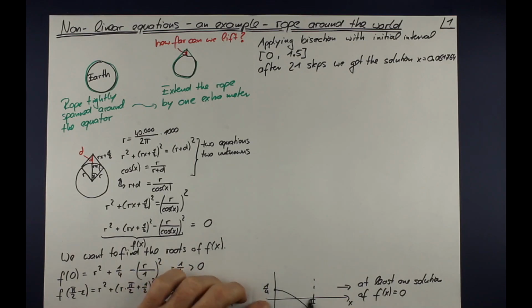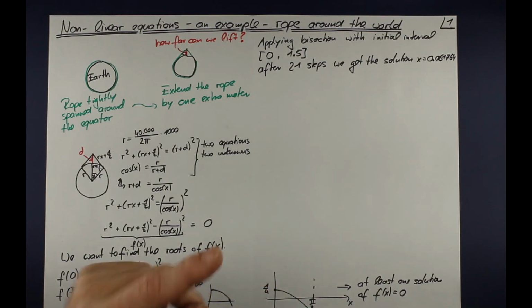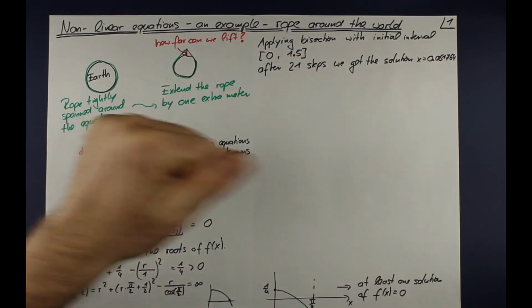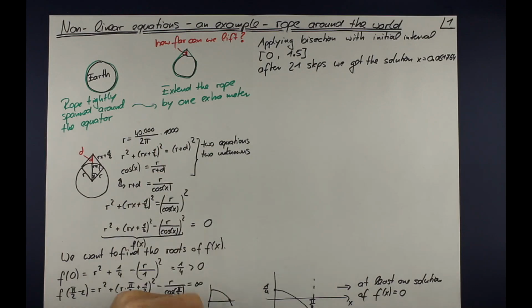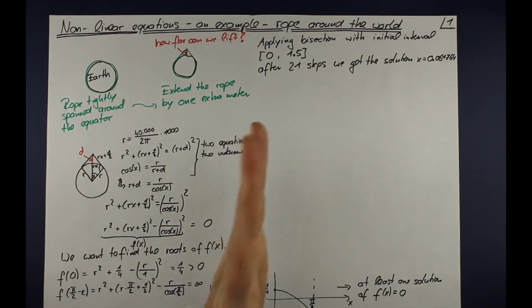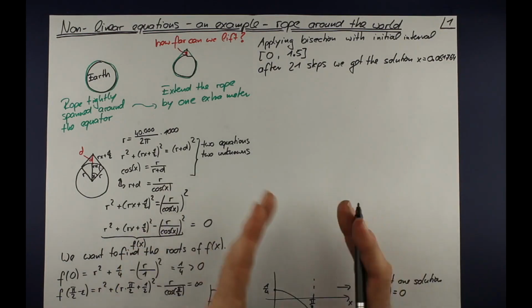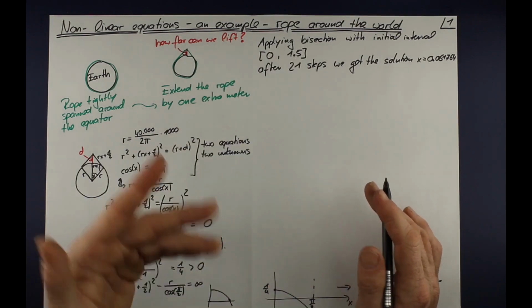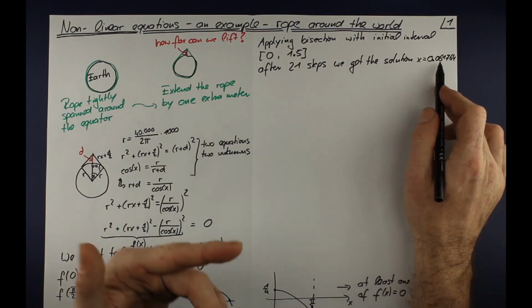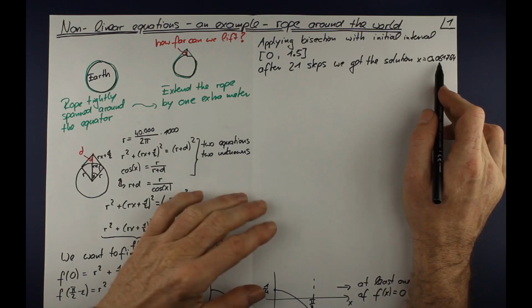And this interval must be of the kind that on the left-hand side it should be a positive function value, on the right-hand side a negative value, or the other way around, but on one side a positive value, on the other side a negative value. And then by a simple subdivision, always using the midpoint and checking the function values, you come closer and closer, the interval shrinks, and in the end you get a solution, and the solution is this one.